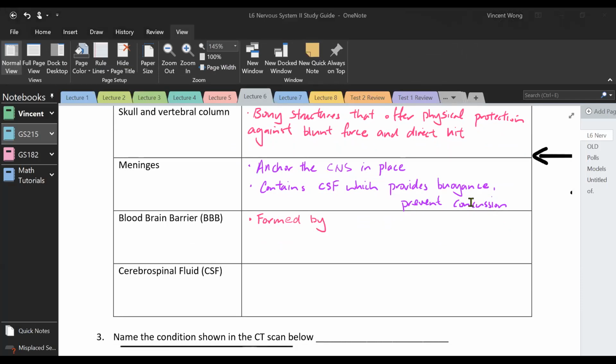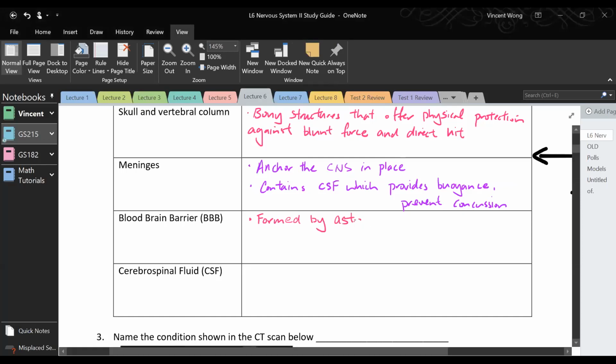That's correct. The BBB is formed by astrocytes. Okay, astrocytes, these are star-shaped cells. And the function of the BBB is to create a barrier to prevent toxins from entering the CNS.